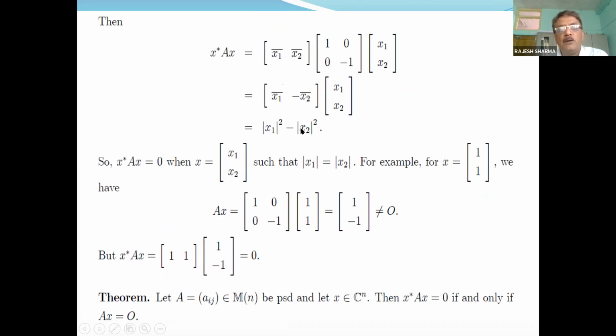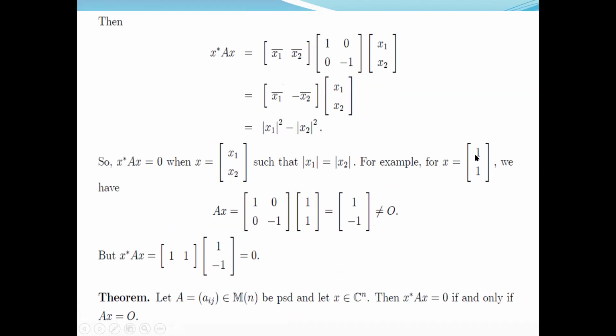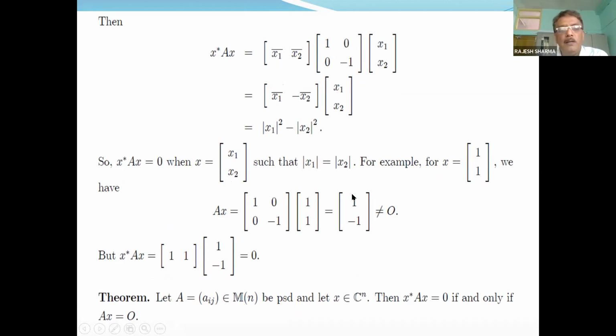So if mod x1 is equal to mod x2, then x star Ax is 0. For example, take x to be the column vector 1, 1. Then Ax is the column vector 1, minus 1, which is not a 0 vector. But x star Ax, that is 1, 1 times 1, minus 1, comes out to be 0.